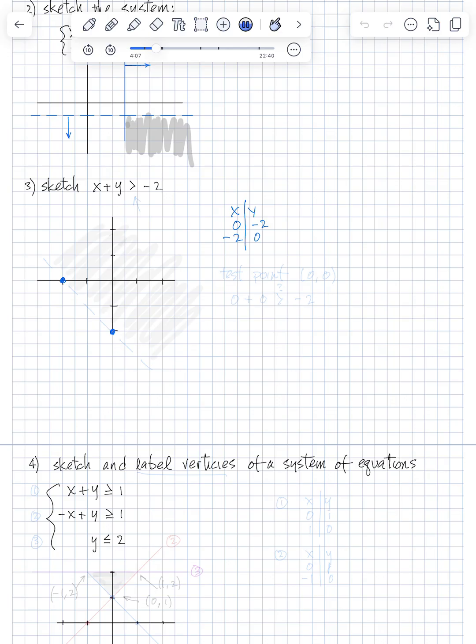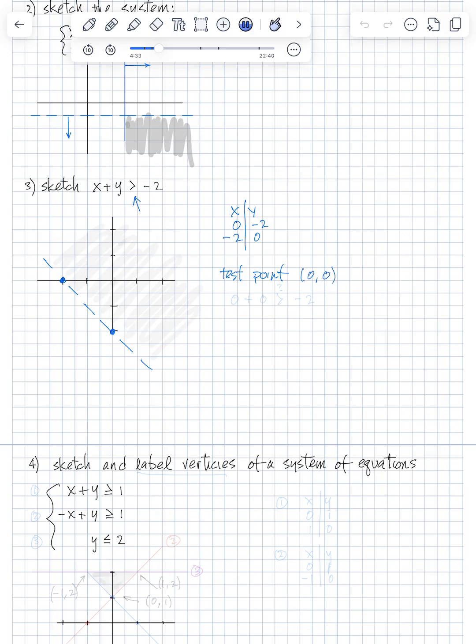So now, because it's an inequality, we're going to do a dashed line. And again, we need to find a test point. So we'll use 0, 0 again and put it into the equation.